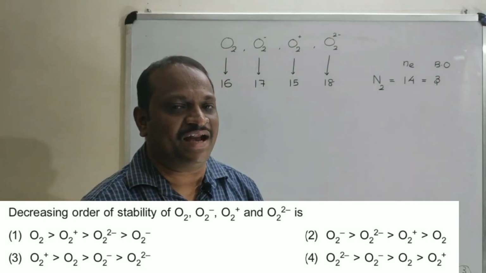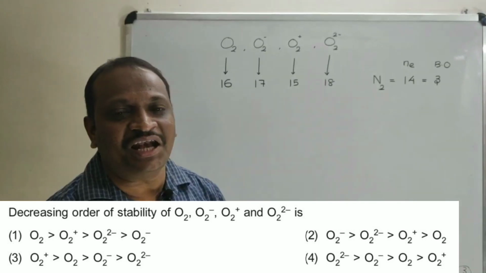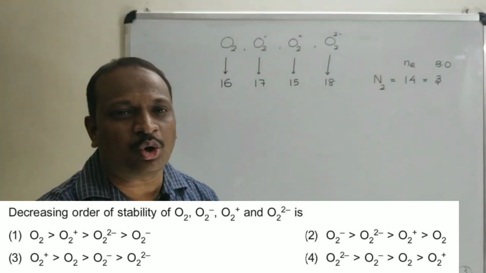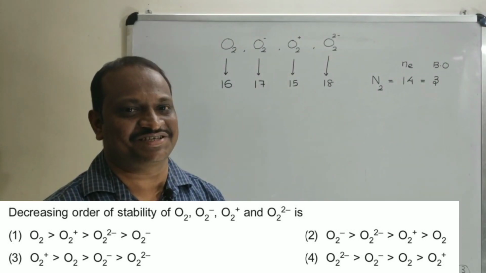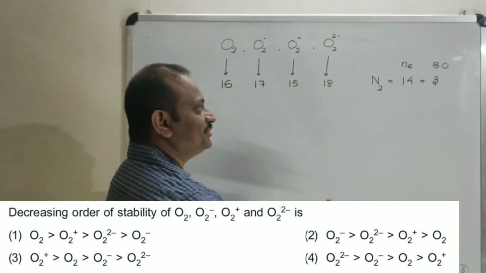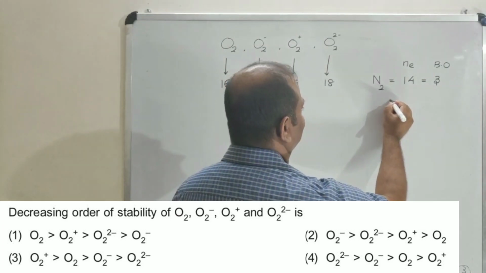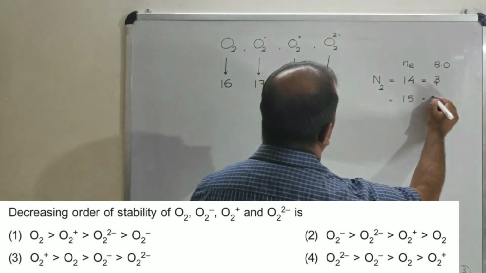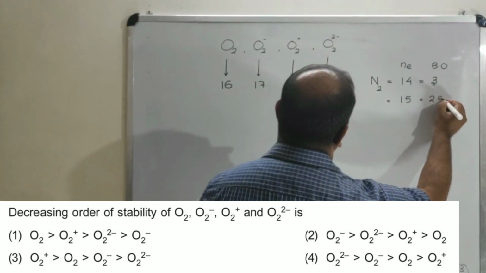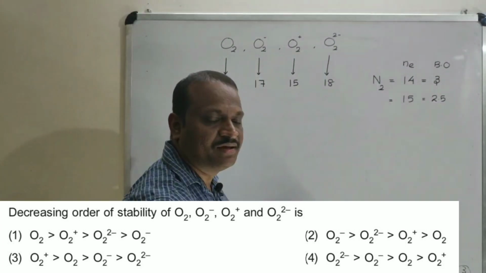Now, please see that whenever the number of electrons increases, bond order decreases. Please keep that in mind. How much does it decrease? By 0.5. So the next species has 15 electrons, and the bond order becomes 2.5.